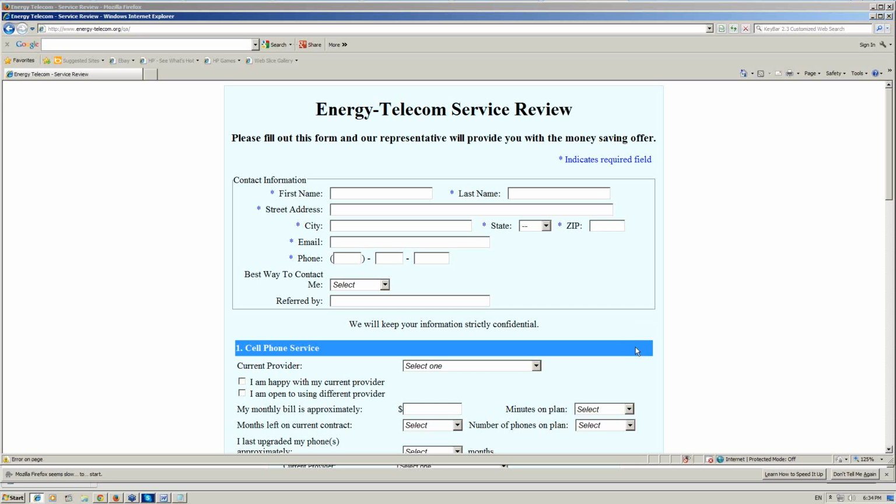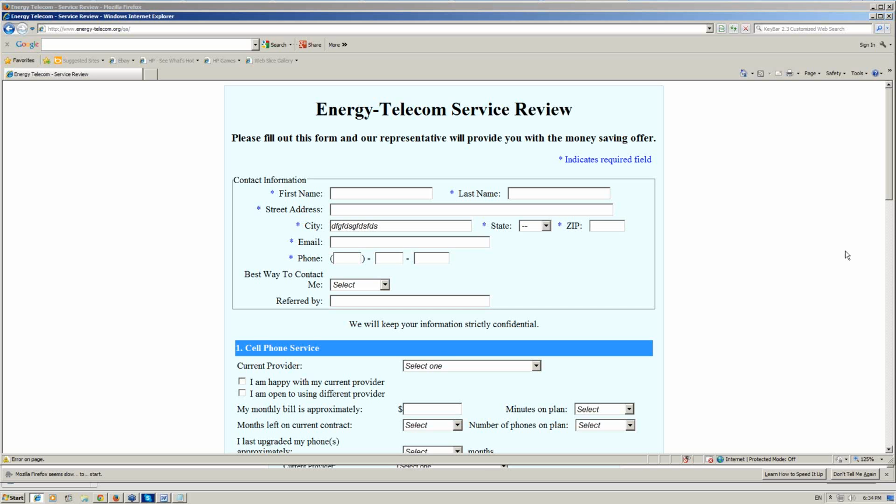I cannot type digits. It doesn't allow any typing. Can I do letters? No letters. What if I do paste? Can I paste at least? Copy. Can I paste? Yes, it does allow me to paste, but there is no way I can type anything.